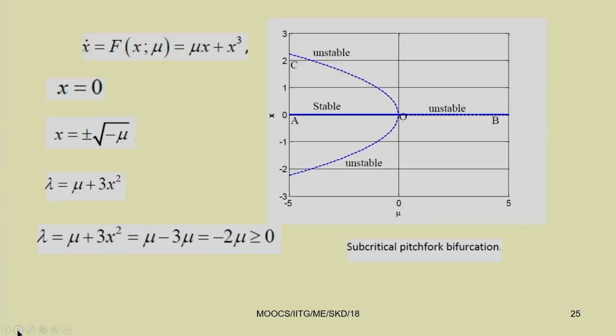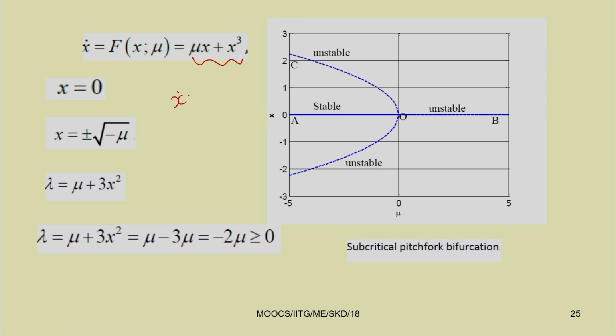Now, you take the other one, that is x dot equal to f x mu, but with x dot equal to mu x plus x cube. Previously we had taken mu x minus x cube, but here it is mu x plus x cube.